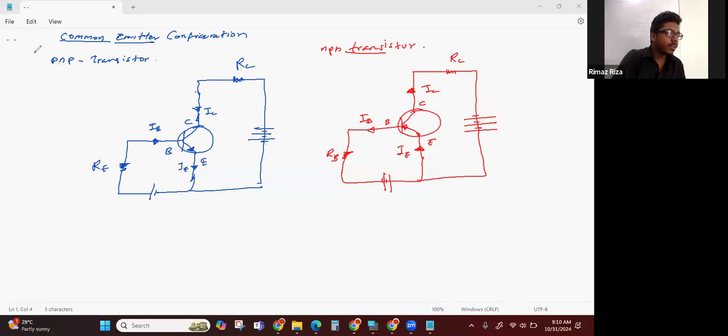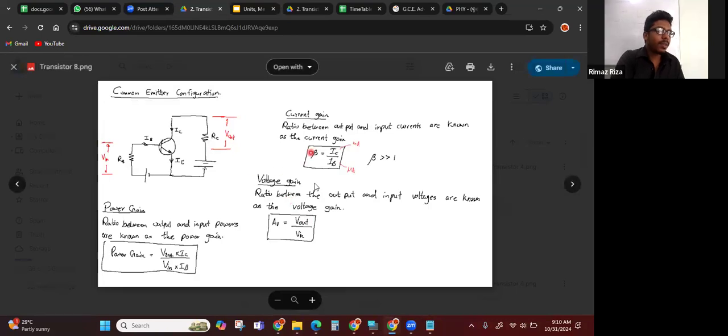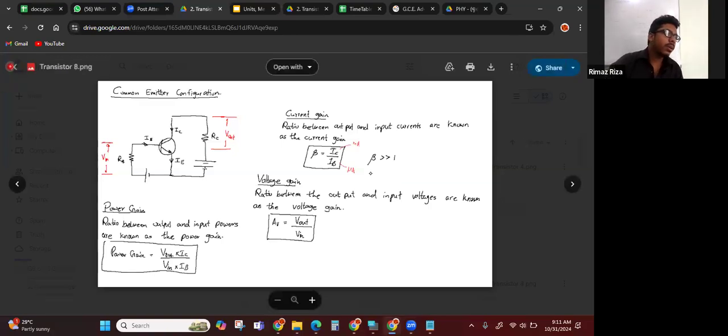So then now let's discuss the voltage gain, current gain, and the output signals. Okay. So first, voltage gain or the current gain. So the current gain is, here output current is IC over IB. Now we know IB is very small, right?